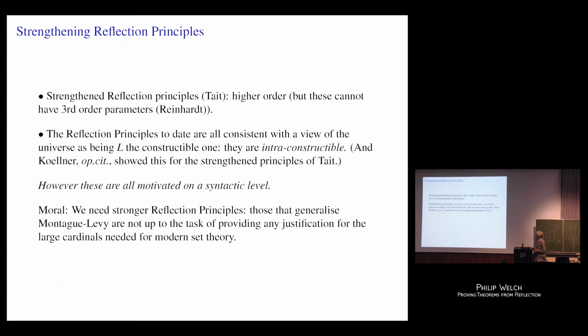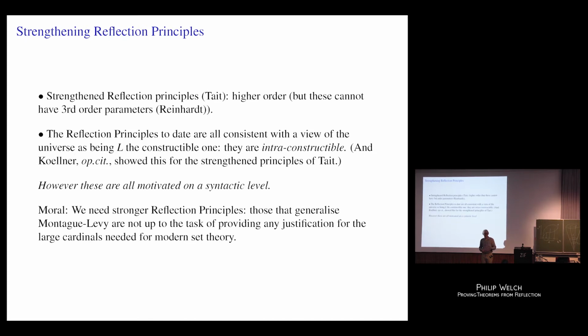But those principles were all shown by Kellner to be consistent with the view that V equals L. It doesn't deliver anything like these gadgets needed for projective determinacy and so on. These are all motivated on some kind of syntactic level: taking a formula or class of formulas in V and showing that these reflect downwards.